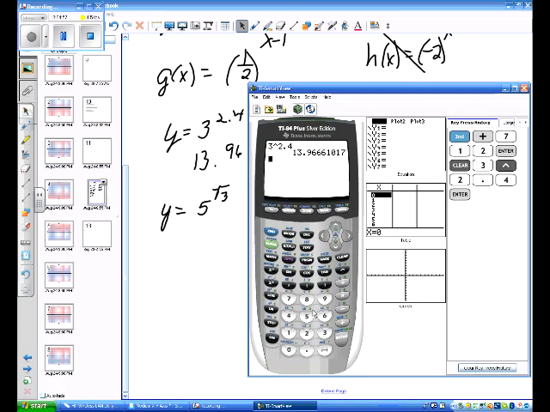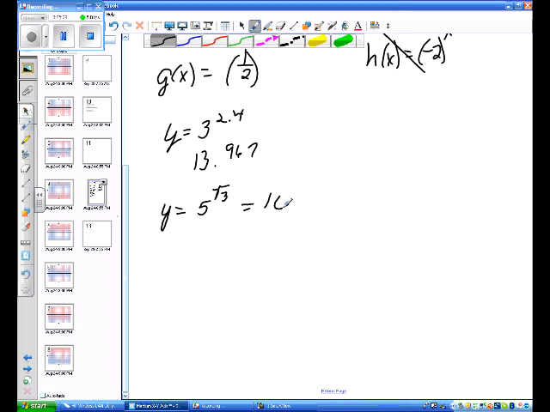Okay, we want 5. Now, in this case, the way that we do our raise to, again, we'll use the up arrow, but our exponent's a square root. So we'll do our second square root of 3. Now, because it opened parentheses under the radical, we need to close them. And so that would be 16.242.